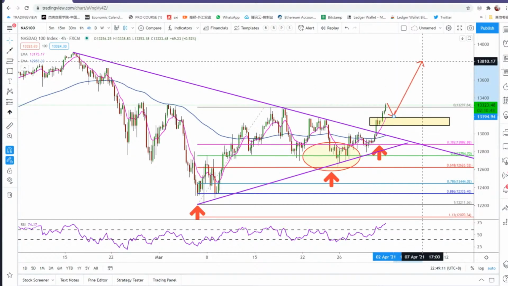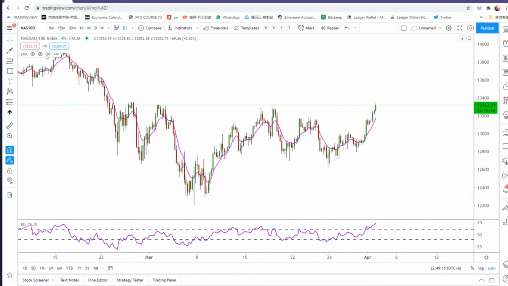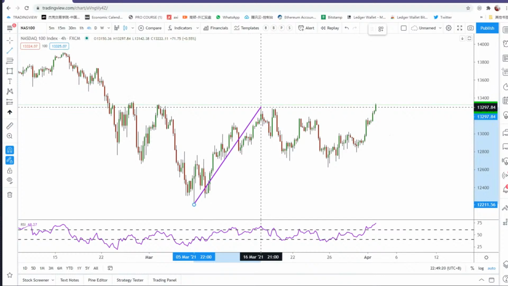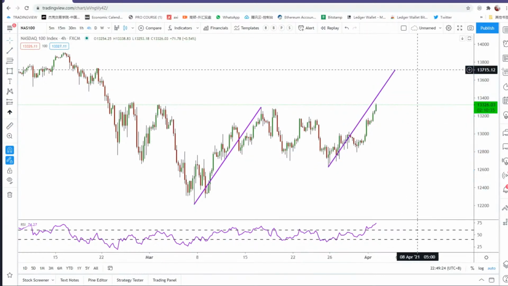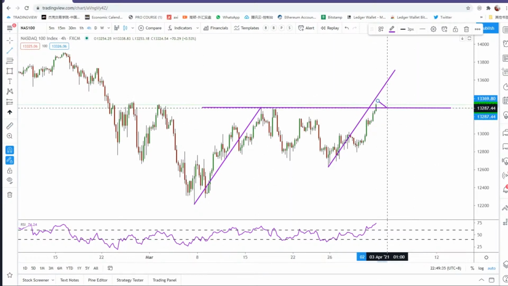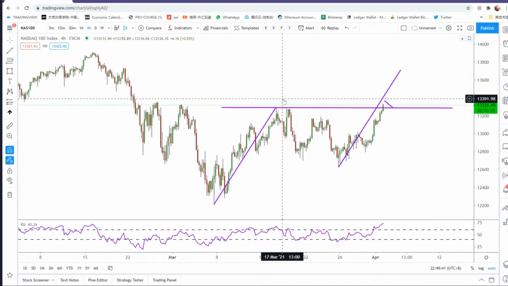Nasdaq may have two rallies, and in the meantime, you can go to the ABCD pattern. The ABCD pattern shows a target even higher, 13,751.5. So Nasdaq has the possibility to go up to 13,700, right? So Nasdaq, I want to buy.